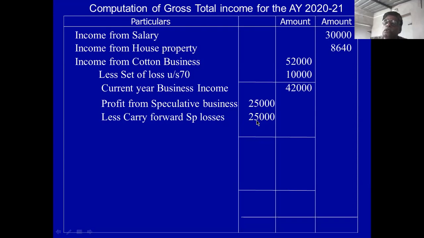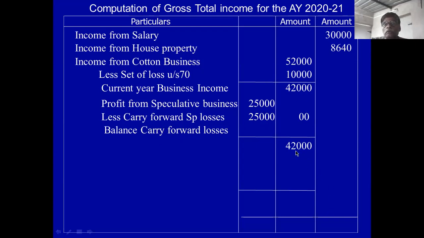Out of 30,000, you adjust 25,000. Then the balance of carry forward loss, the remaining balance, you carry forward. Remaining balance means 5,000. Out of 30,000, 25,000 recovered. 5,000 is to be carried forward to the next assessment year.